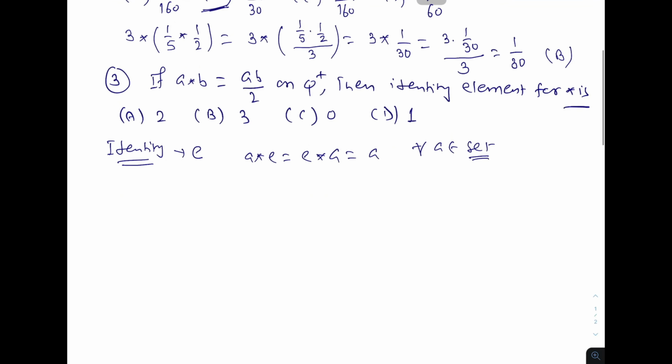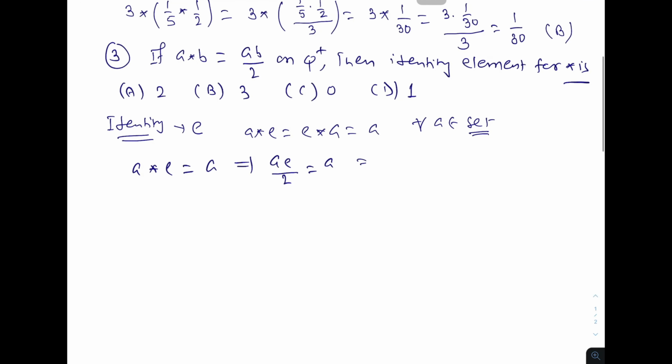So A star E equals A means AE by 2 equals A, and since A is non-zero, E equals 2. So the identity is 2.